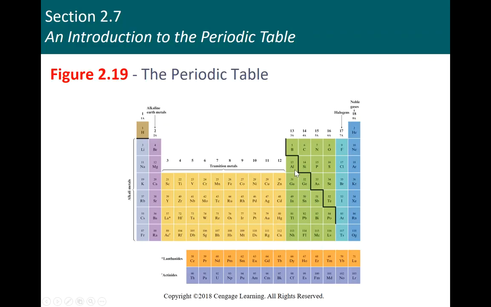As long as you know it starts between boron and aluminum, then you can stair-step it down. Generally, the reason it doesn't go on is because these are relatively new elements that have been discovered, and they don't last long enough to really classify them. But anyway, these are the nonmetals over here, and all of these are the metals.